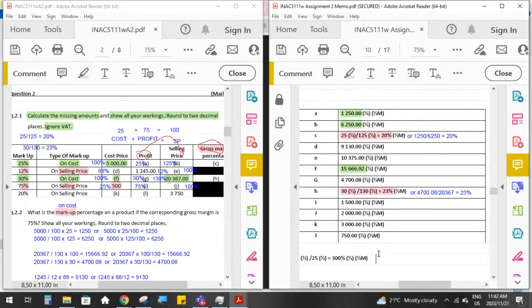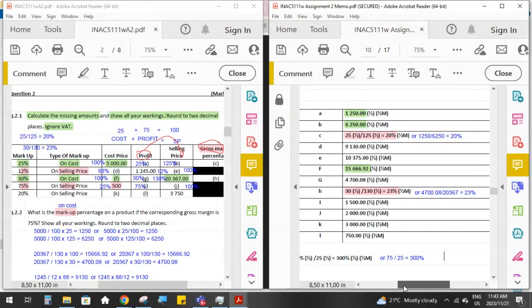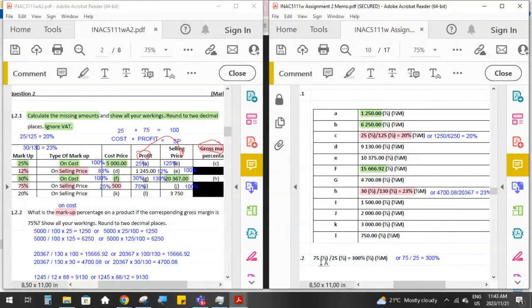On the right-hand side, we want 75%, which is our profit, as a percentage of the cost, which is 25, and that gives us 300%. So 75 profit over cost, which is 25, equals 300. 75 over 25 equals 300.